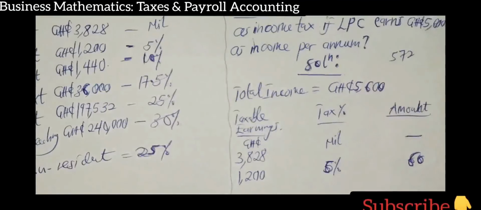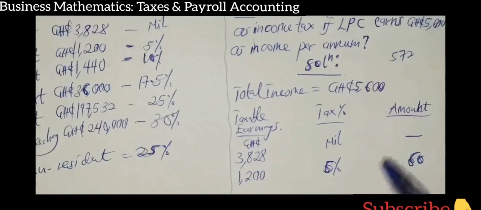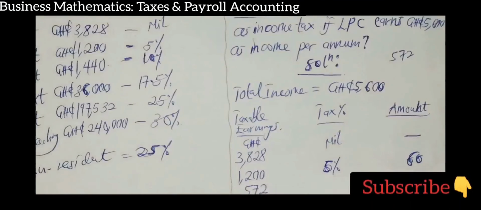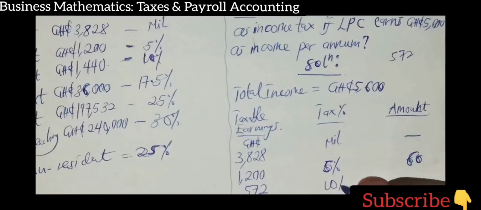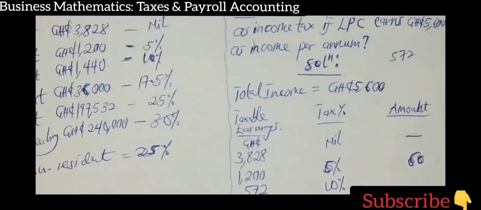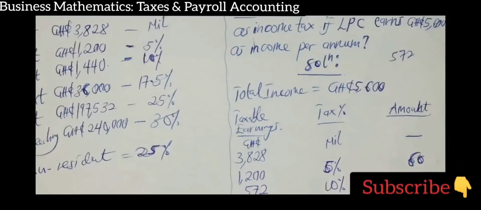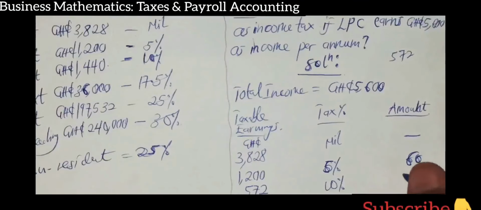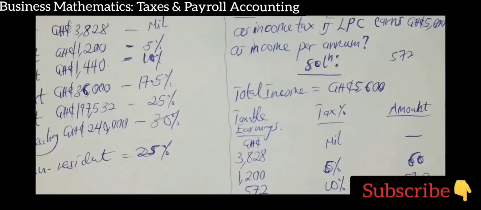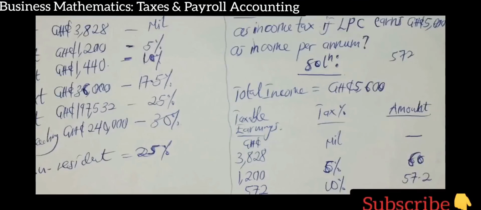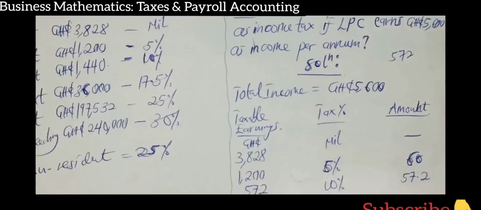So I'm left with 572. I write the 572 here, then take 10% of 572, and whatever I get is my tax for that level. I had 57.2. At the end of the day, if you want to make sure you are correct, just add the taxable earnings you just worked out.